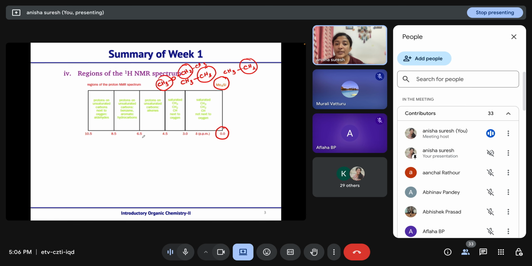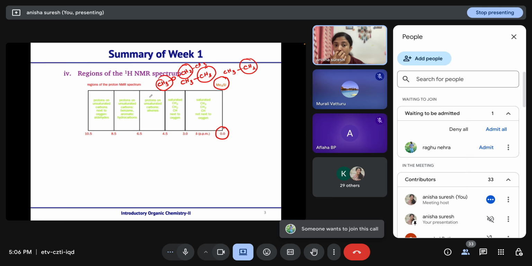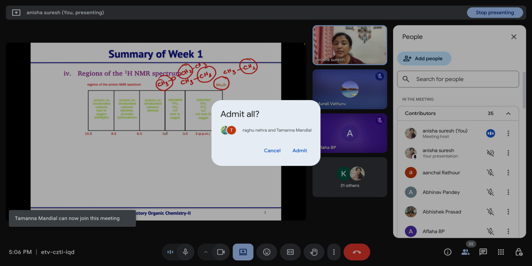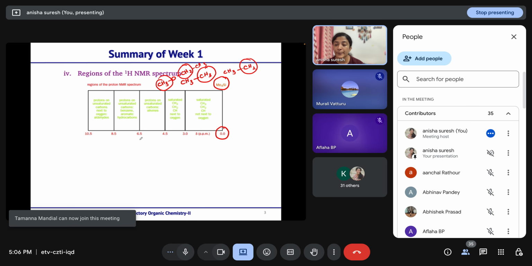And the region 4.5 to 6.5: normally sp2 carbon protons appear in this region of 4.5 to 6.5, and the region of 6.5 to 8.5 is for aromatic protons, like those of benzene. If there is benzene, the protons present in benzene will come in the region of 6.5 to 8.5.